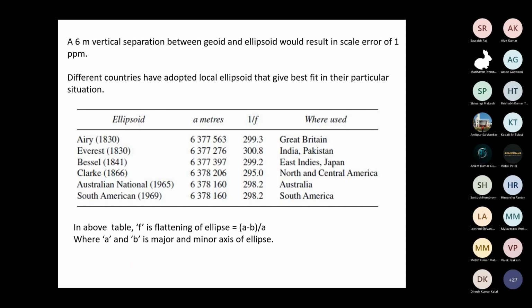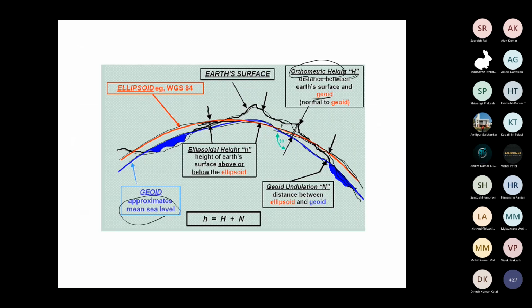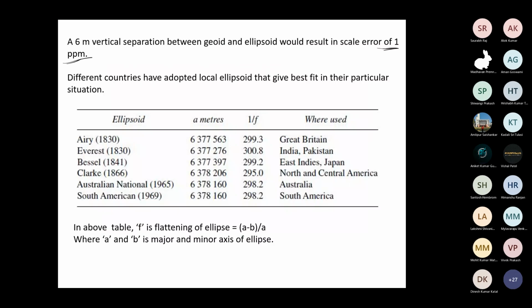Okay. So a 6 meter vertical separation between the geoid and the ellipsoid will result in a scale error of 1 ppm, parts per million. You can remember it. This is your geoid and this is your ellipsoid. If there is a 6 meter height difference, it will give a scale error of 1 ppm.